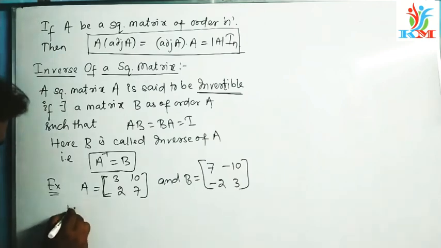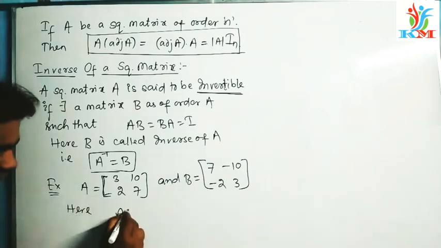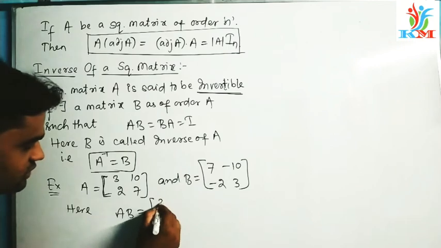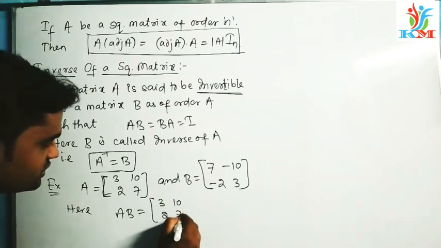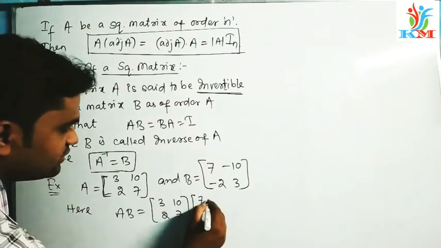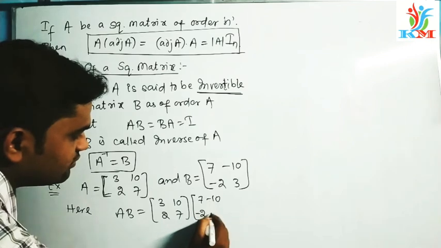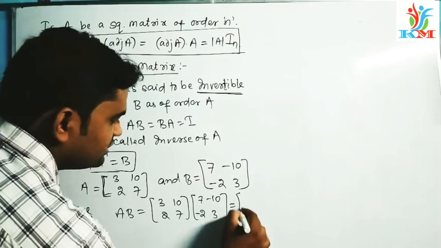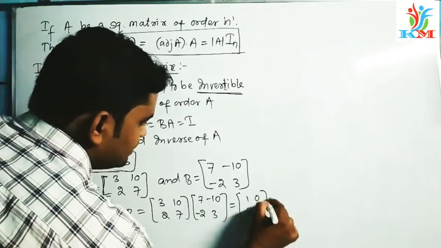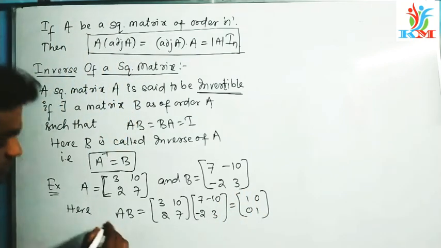Here A into B is 3, 10, 2, 7 multiplied with 7, minus 10, minus 2, 3, and we get 1, 0, 0, 1, the identity matrix of order 2.